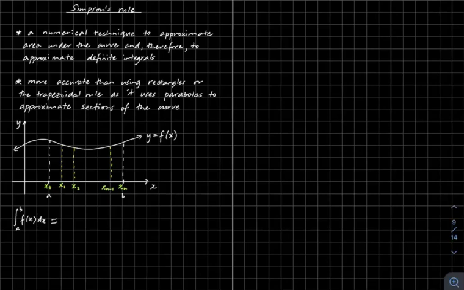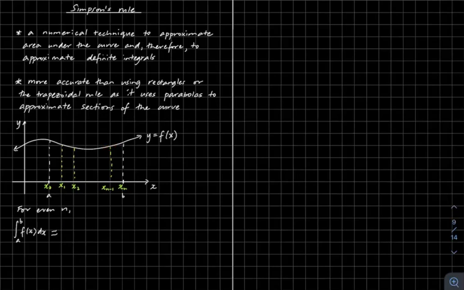So here's what Simpson's rule says. Maybe I should just move this down a little bit. We're going to say for an even number of strips n, so we divide this up into an even number of strips because we need to take 2 strips at a time to get the 3 points. So 2 more strips at a time, 3 points, 2 more strips at a time, 3 points, and so on.